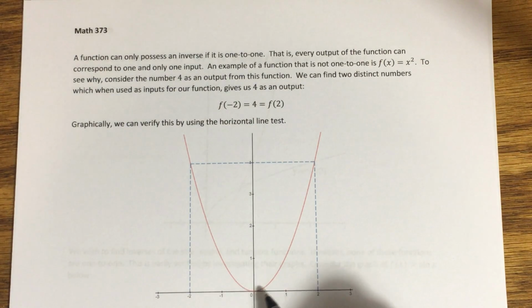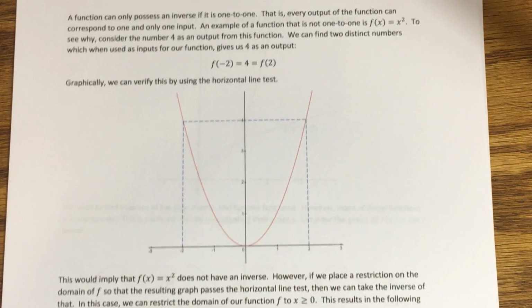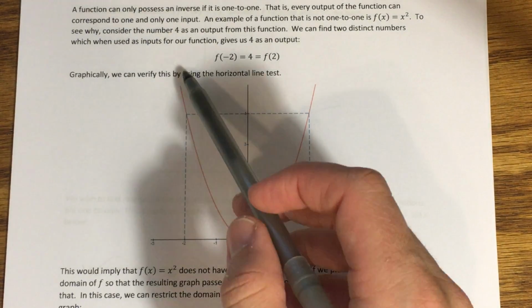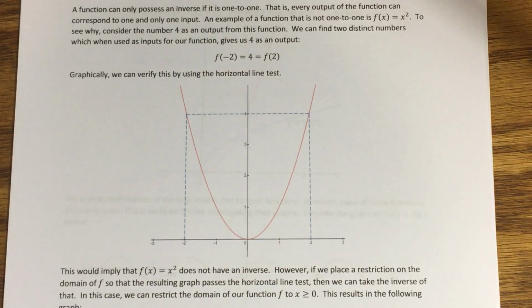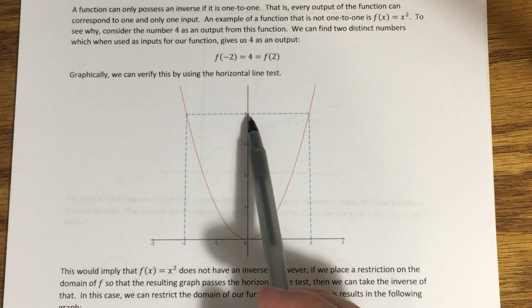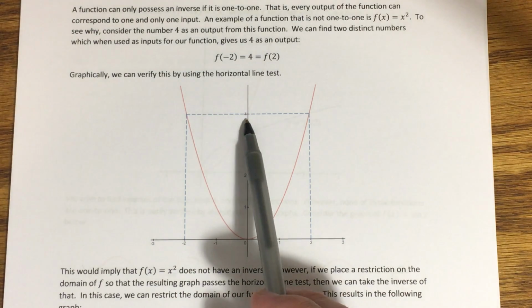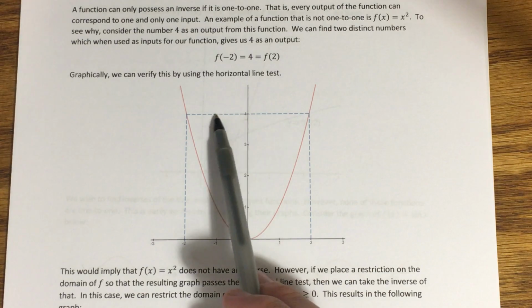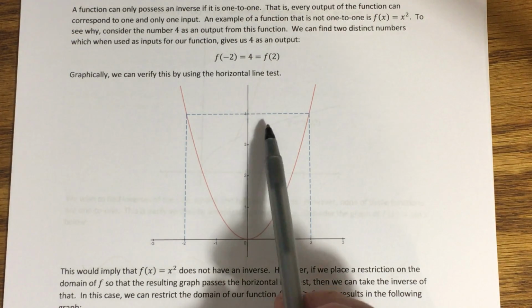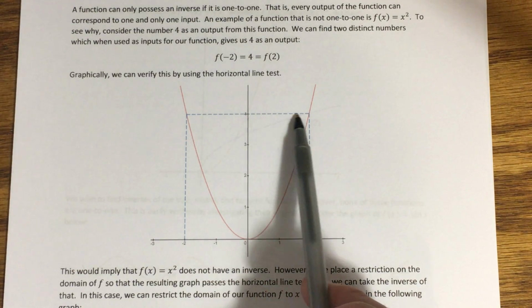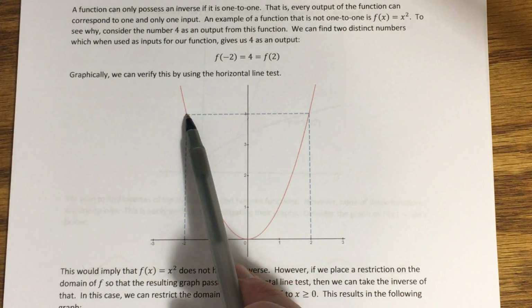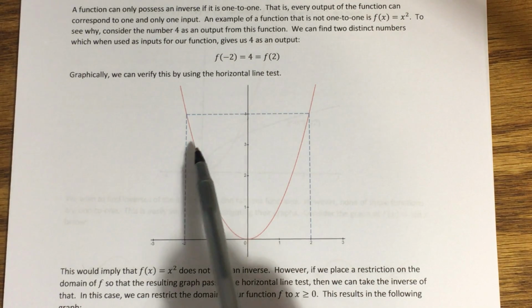Graphically, the way that we can represent that is what we're seeing right here. So this red parabola is the graph of the function y equals x squared. And here, I know it's very small, but here's 4. This is a y value of 4. So being a y value, you think of it as an output of that function. Notice that the number 4 shows up as a y coordinate of 2 different points on this parabola.